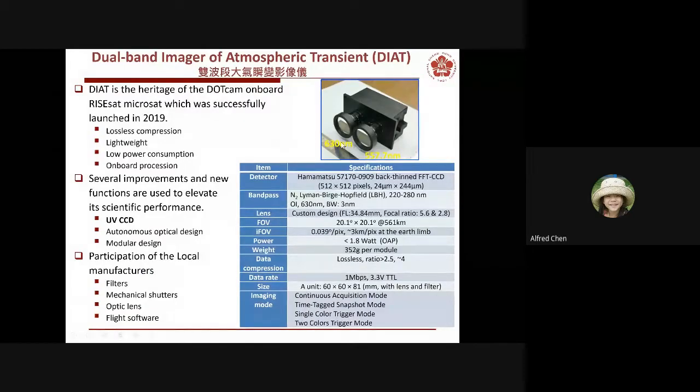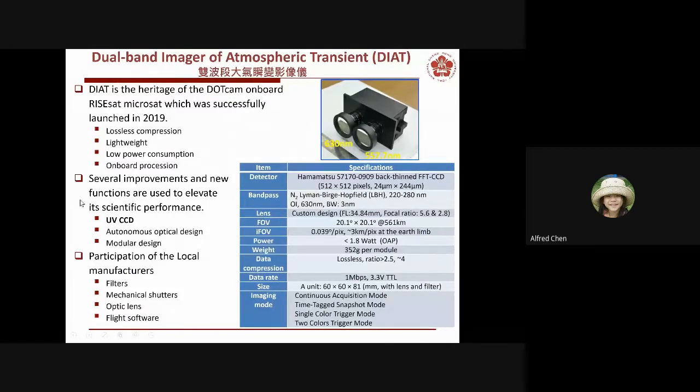And this camera also has onboard processing to detect the transient. So we can compare images and their successive images to detect the possible transient. So with this camera, we have already successfully detected lightning and transients.